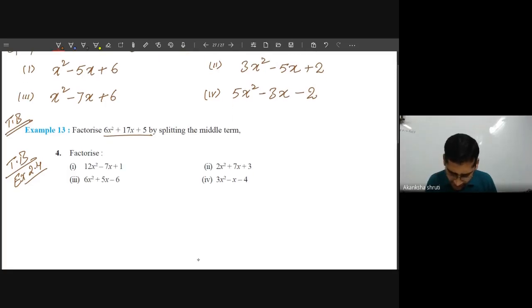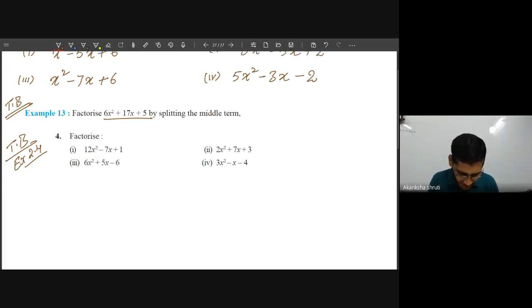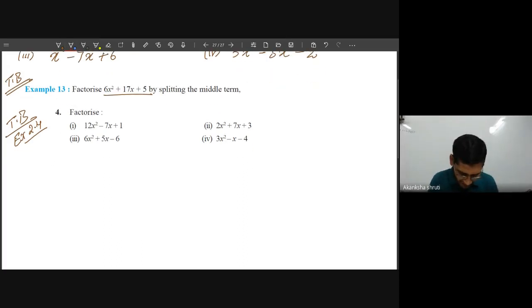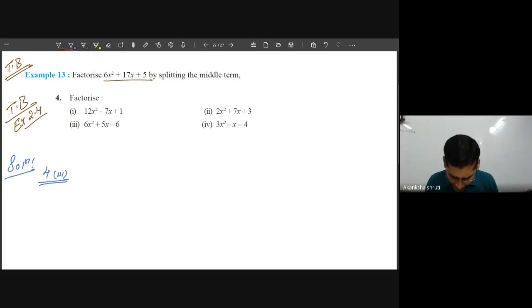Let me take this one. 6x square plus 5x minus 6. Student, let me explain one more question. फोर्थ का मैं थर्ड पार्ट करता हूं. We have to factorize this 6x square plus of 5x minus of 6.